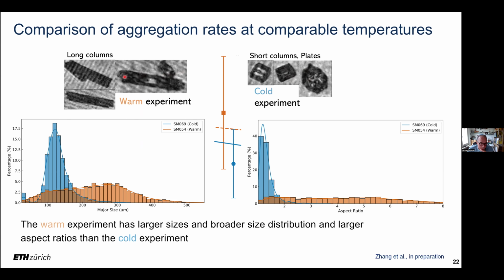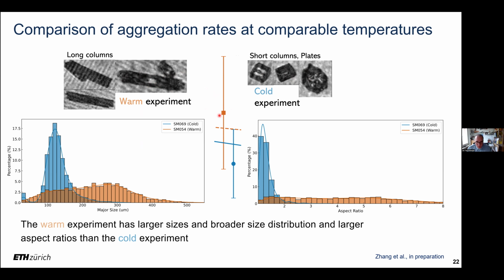Since the columns grow larger, they have a broader size distribution and larger aspect ratio, which leads to higher aggregation rates, and we're currently analyzing this more quantitatively to predict the aggregation rate in our experiments.